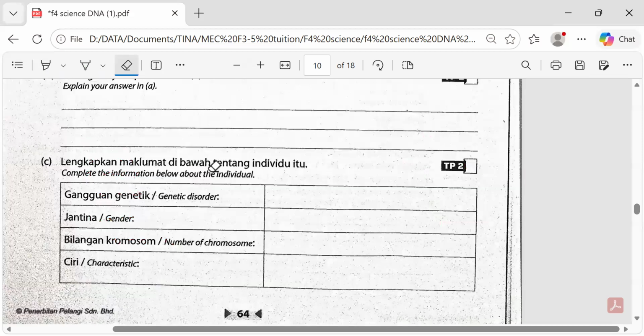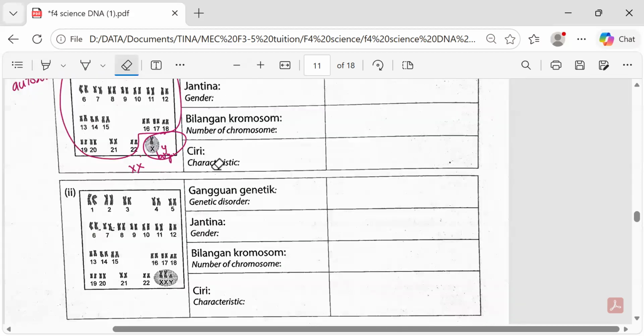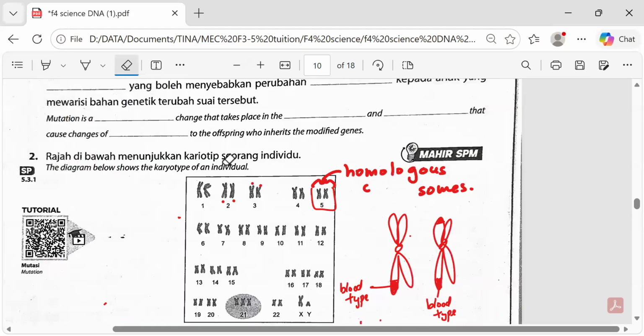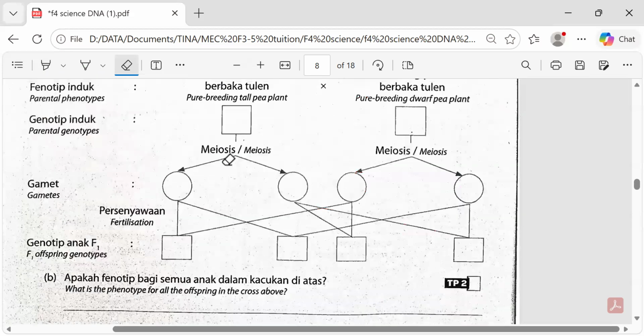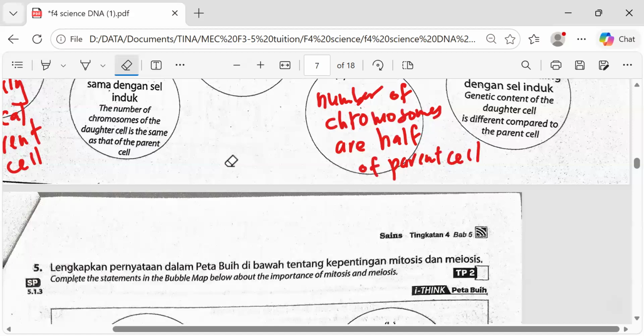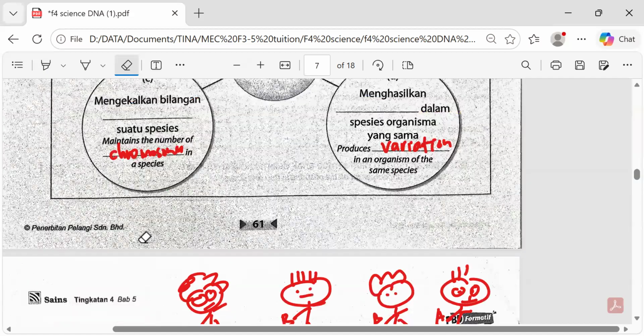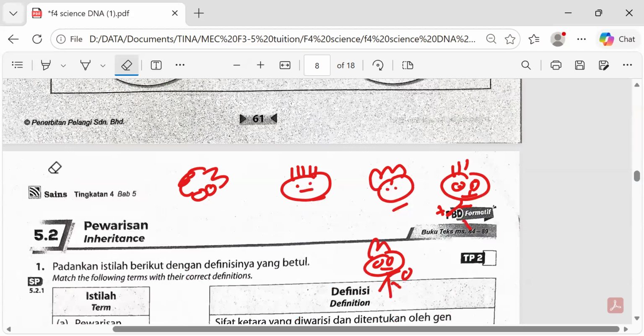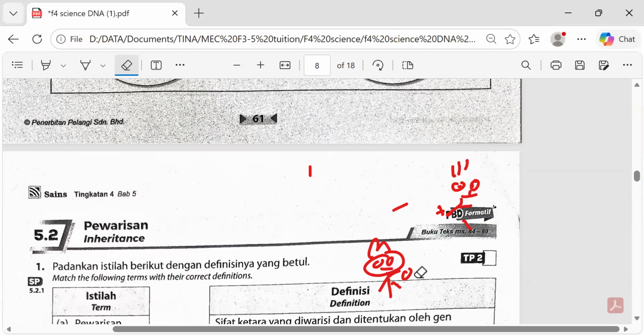Okay, long, long time ago, there was this guy named Mendel. His name is Gregor Mendel. He was a monk. You know what a monk is?